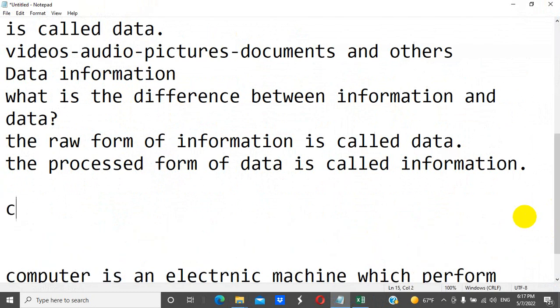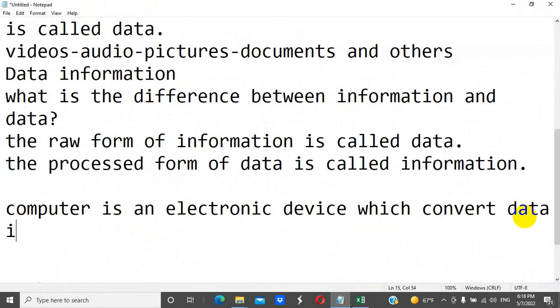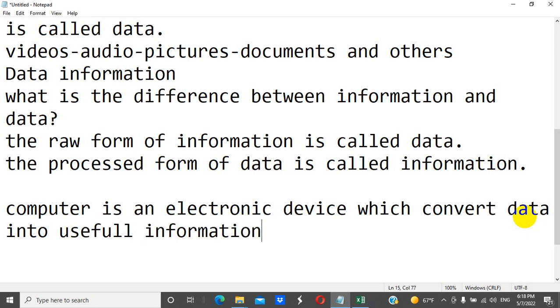So we can also define a computer in this way. A computer is an electronic device which converts data into useful information. According to the working of the computer, we can say a computer is an electronic device which converts data into useful information. By data alone, we can't make a decision.